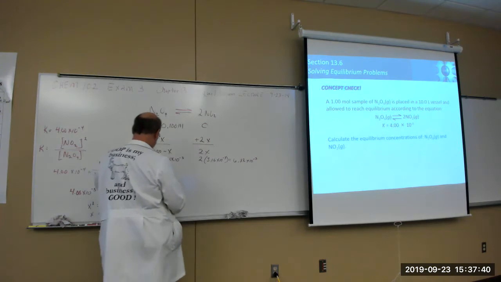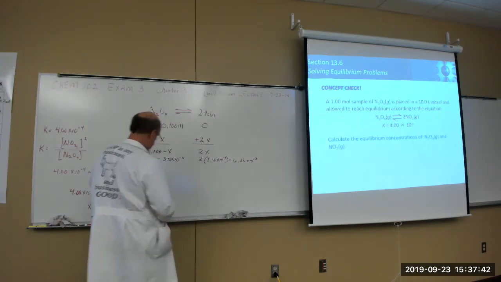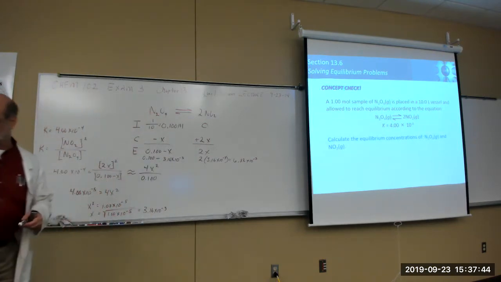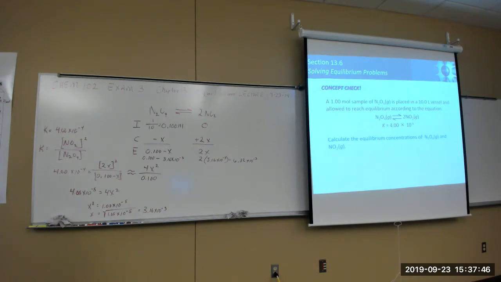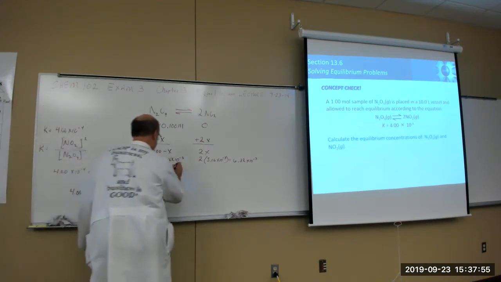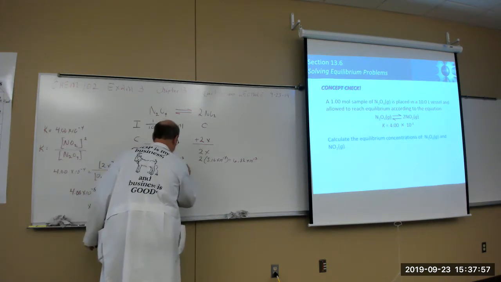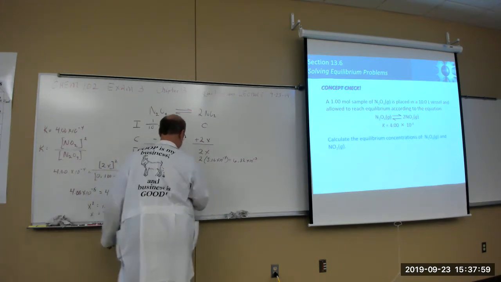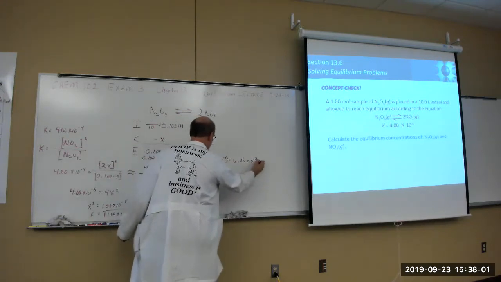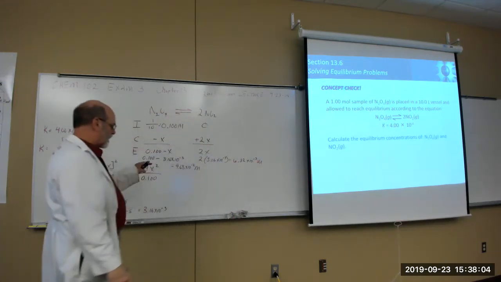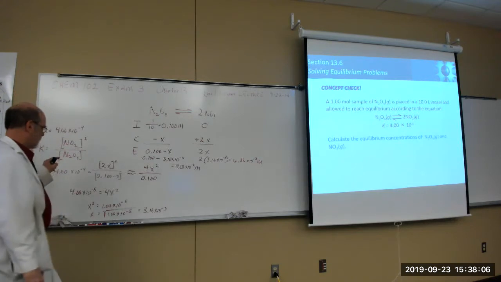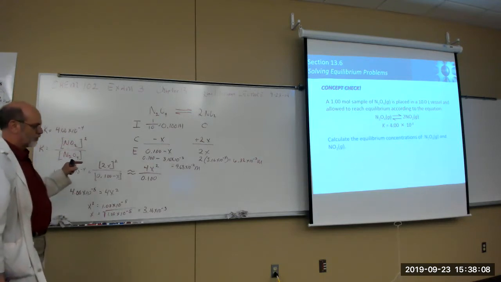And this one, I could guess, but let's find out exactly, would be 9.68 times 10 to the minus 2 molar. So those would be our answers if we satisfy the 5% rule.